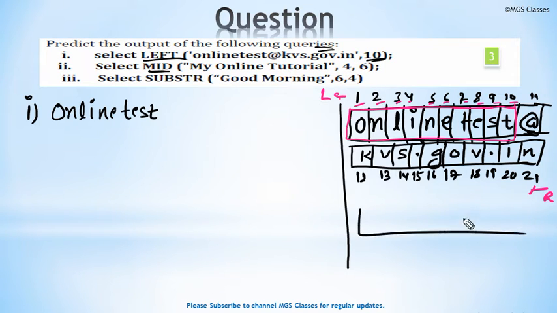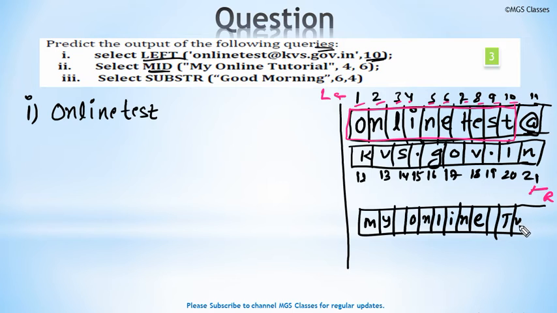So we need to write again like this in a table, in boxes: my, then space, online, and then tutorial. You need to write it like that and you need to number it.